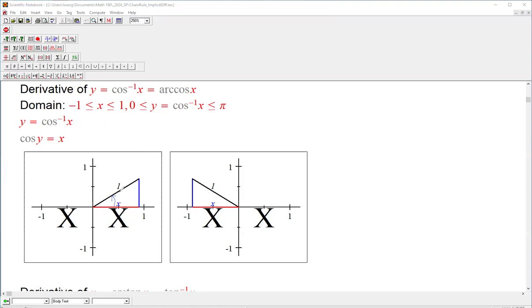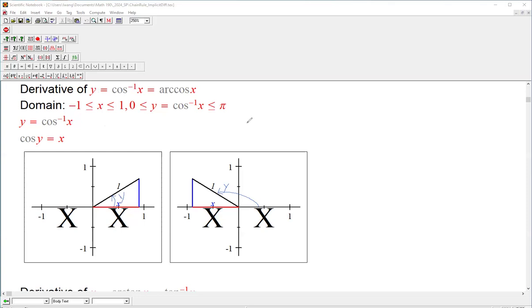This could be the y. It terminates in the first quadrant. Second case is y terminates in the second quadrant. So these are the only two cases for ArcCosine y, for the range.